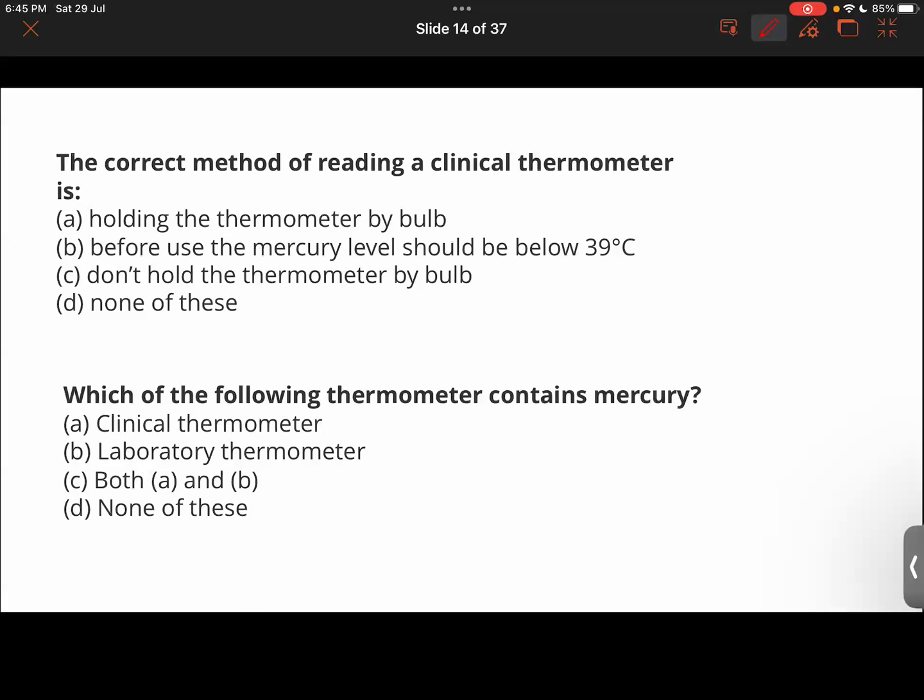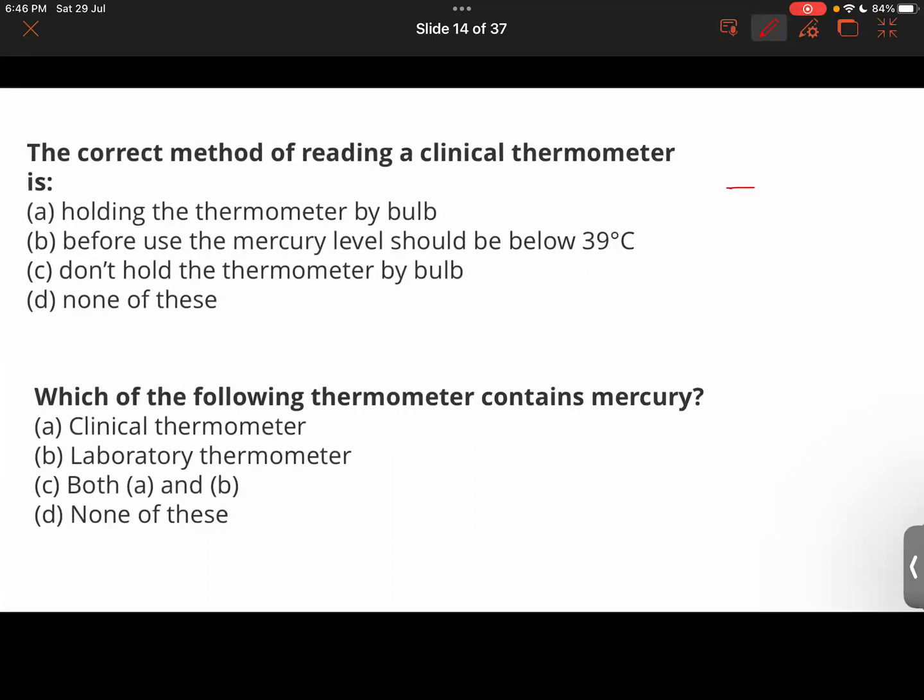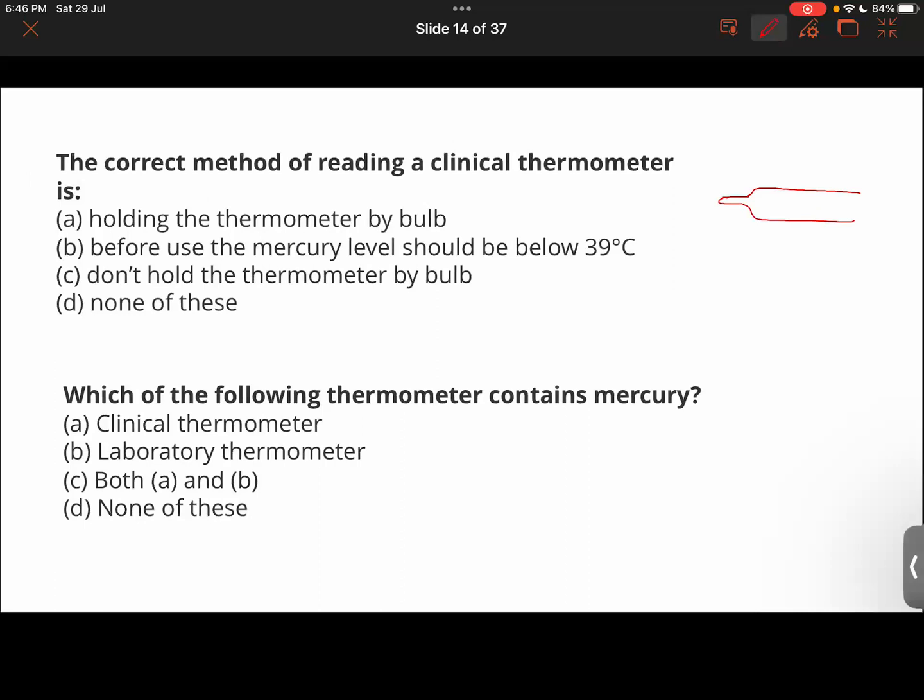Read the question once more. C, don't hold the thermometer by the bulb. Exactly, because we are required to take the body temperature, not the temperature of our hand.